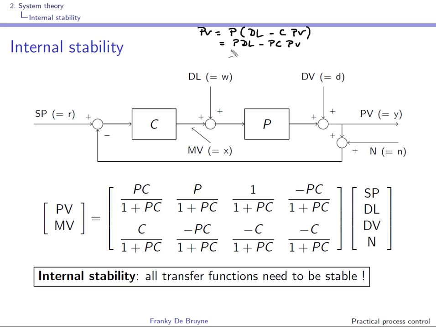We take it to the other side. We are in the multivariable case, so identity matrix plus PC acting on PV is P dl. So here PV is this matrix inverse. Now we multiply this whole equation by this matrix inverse.